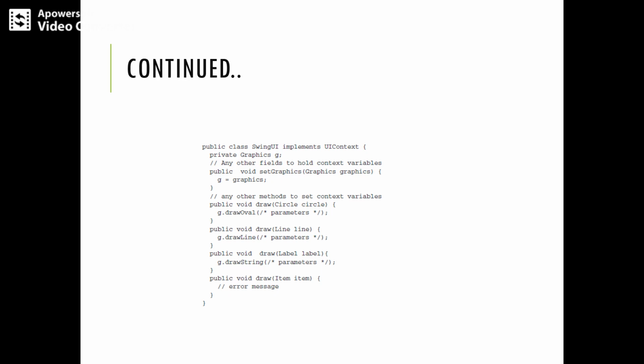The object is the circle here. g.drawOval as a parameter. If we wish to, we can take it at. Similarly, public void draw line, g.drawLine. So what are the parameters? Similarly, public void draw label, circle, label, draw, whatever we can take.